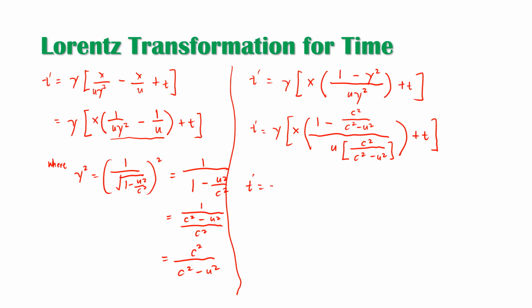Okay, and then we simplify. We have gamma multiplied by x.